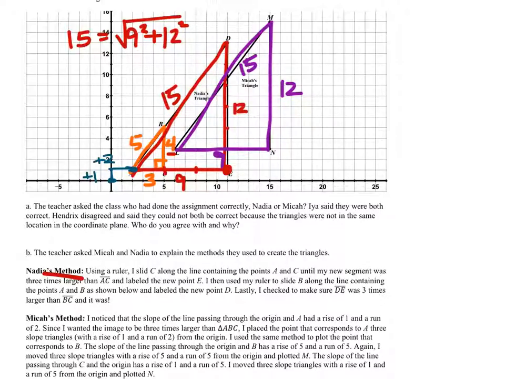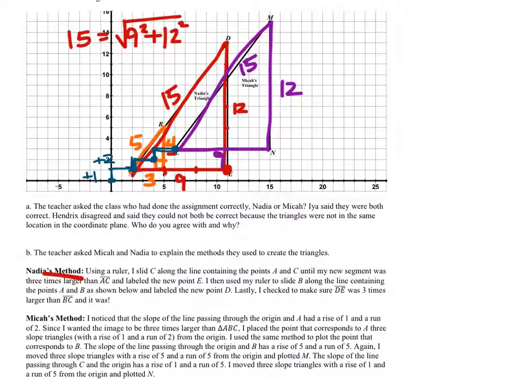I placed the point that corresponds to A 3 slope triangles away, with the rise of 1 and a run of 2 from the origin. So that means it went up 1 and to the right 2 again, and then up 1 to the right 2 again to get L, which is the image of the pre-image.